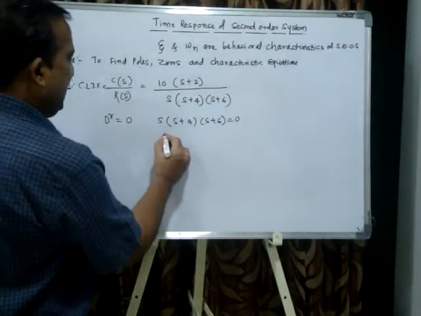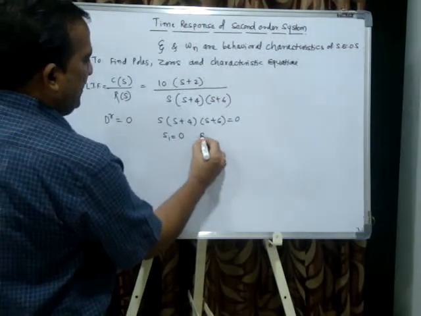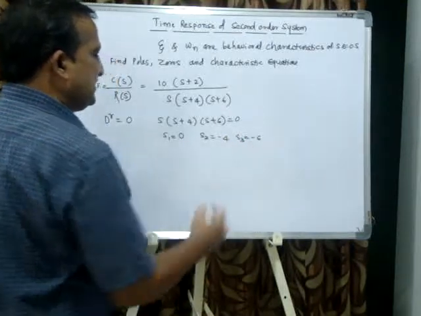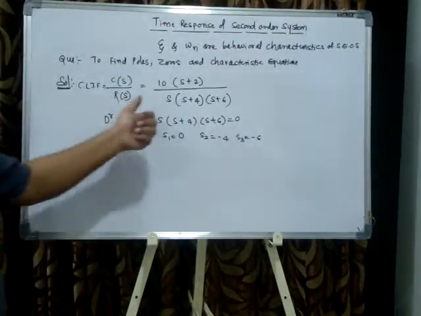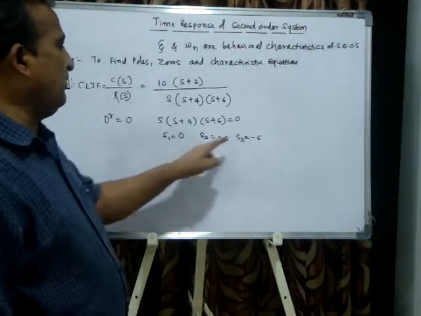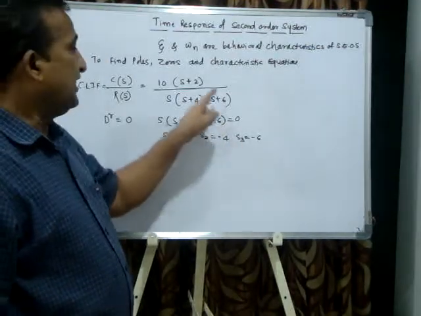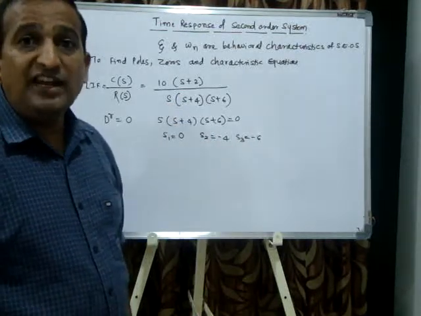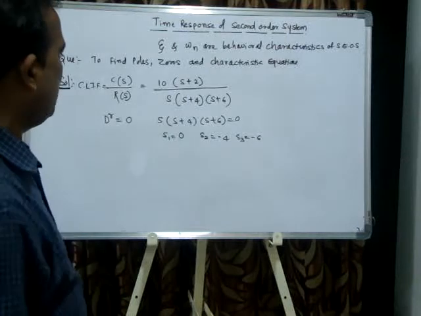Now here I will write S1 is equal to 0, S2 is equal to minus 4 and S3 is equal to minus 6. These are the poles of the above transfer function. What exactly happens? If you put any one value of a pole in the above transfer function, the transfer function becomes infinity.